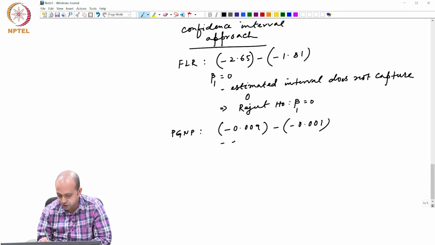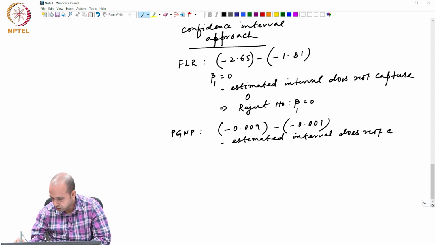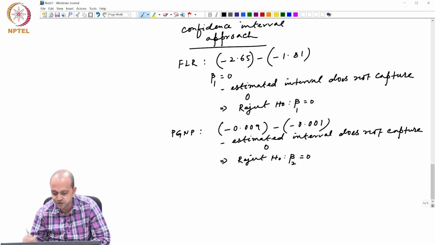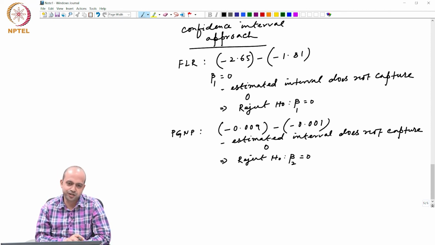So, that means the estimated interval does not capture 0. So, reject H0, which is beta 2 equals 0. And when it is rejected, we will say that even Pgnp also has significant impact on child mortality rate.